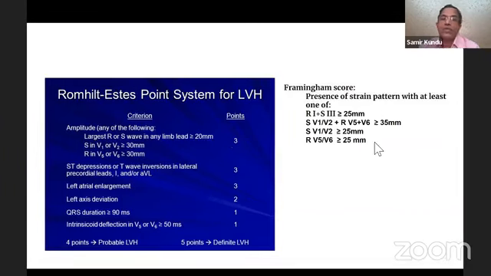For the Framingham score, there must be ST-T changes, secondary changes or repolarization changes, plus any one of the following: R wave in lead 1 and S wave in lead 3 greater than or equal to 25 millimeters; S wave in V1 or V2 plus R wave in V5 or V6, that is the Sokolow-Lyon criteria, more than 35 millimeters; S wave in V1 or V2 more than 25 millimeters; R wave in V5 or V6 more than 25 millimeters.